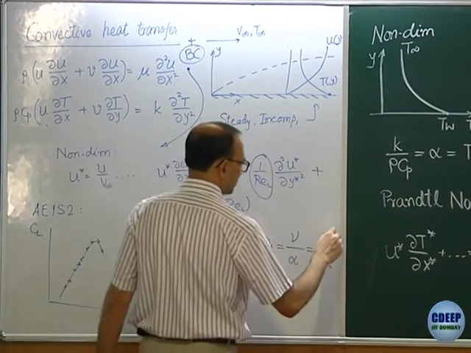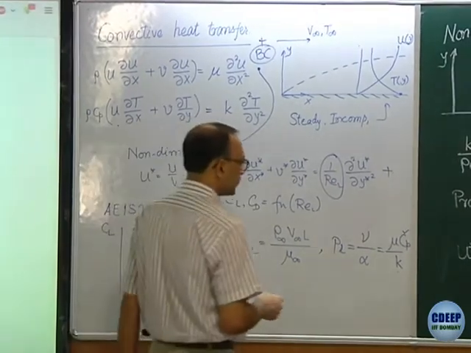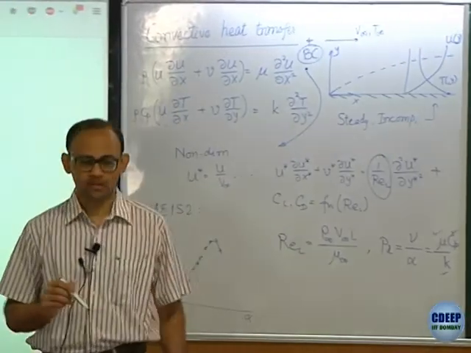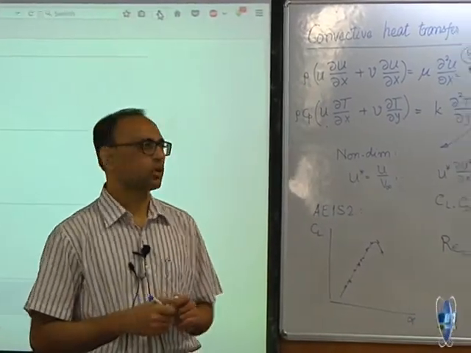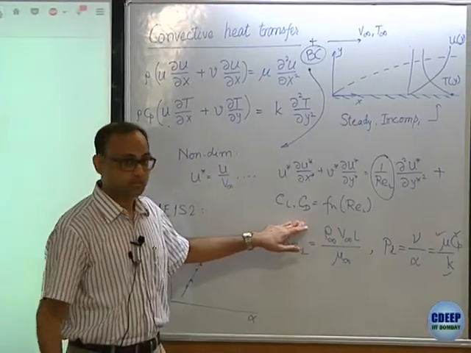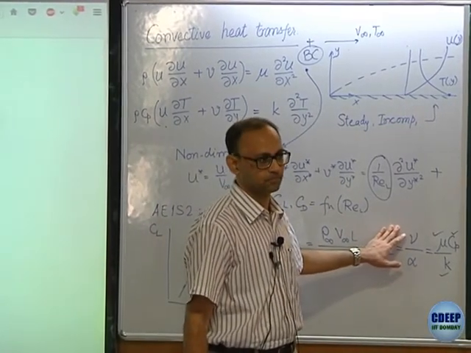Cp is a property of the fluid, air, we know what the value is. Conductivity is also a property and so is viscosity. So, Prandtl number does not depend on the flow, does not depend on the geometry like Reynolds number or size of the body, it depends only on the fluid properties.